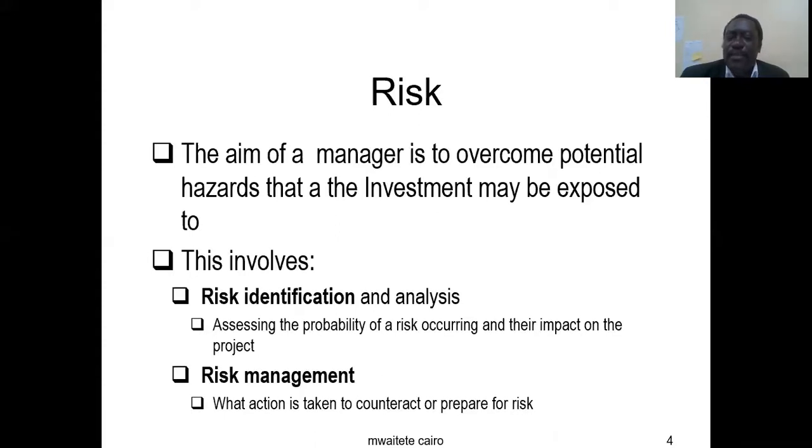When we talk about risk identification and analysis, it's about assessing the probability of risk occurring and examining the impact in each project. When we talk about management, what action is taken to counteract or prepare for risk? It is very important for you. You need to manage those risks.